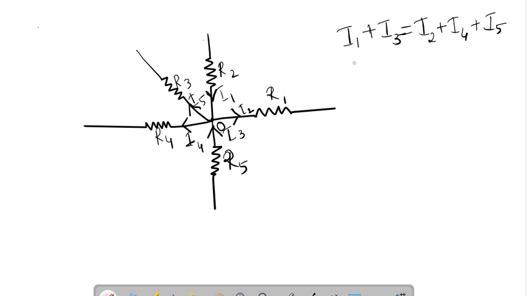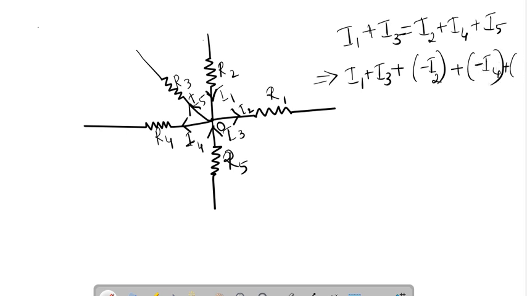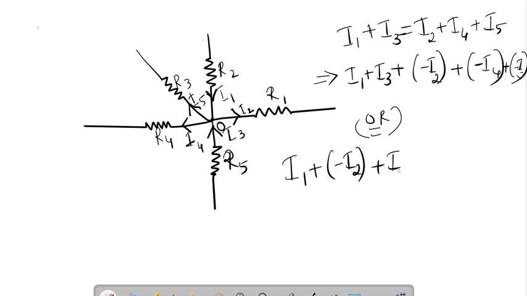So these are the equations. Now we can also write it as, if the RHS currents come to the LHS, this will become minus I2 minus I4 minus I5, or you can also write it as I1 plus minus I2 plus I3 plus minus I4 plus minus I5 is equal to 0.